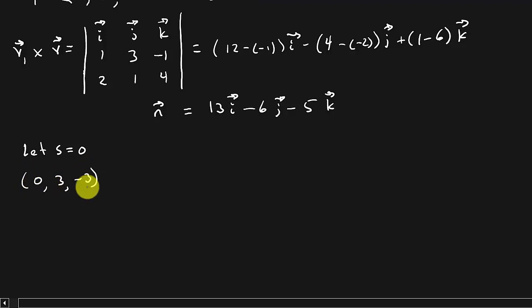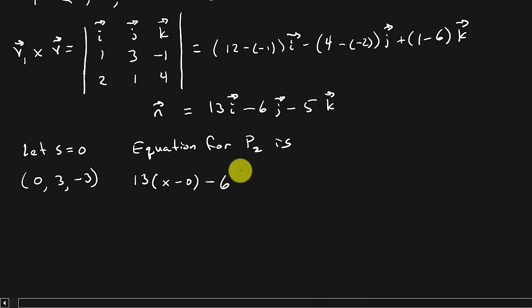So the equation for plane 2 is, remember the formula for the equation of a plane. That's a times x minus x0, b, which is negative 6, times y minus y0, and then c, which is negative 5, times z plus 3, or z minus z0, equals 0.